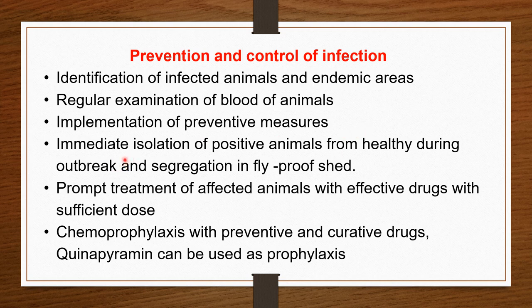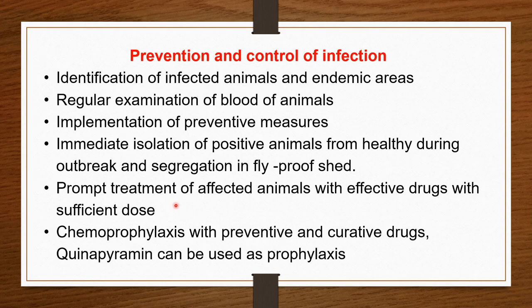When positive animals are found, there must be immediate isolation from the healthy animals during the outbreak, and segregation of the infected animals into fly-proof sheds. Prompt treatment of the affected animal with effective drugs at a sufficient dose. Both things are important.